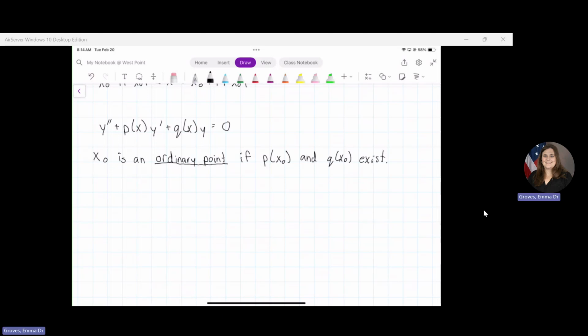So, right, we have this differential equation, and then instead of having constants in front of y prime and y, we have functions with respect to x. x naught is an ordinary point if both those functions exist. And then we call x naught a singular point if p of x naught or q of x naught do not exist.